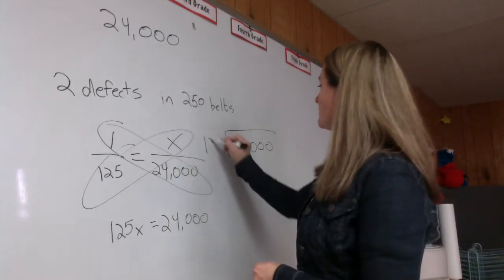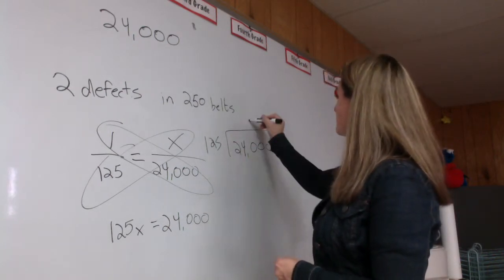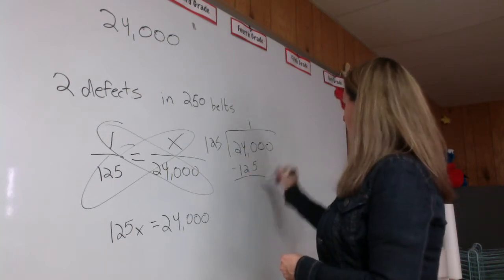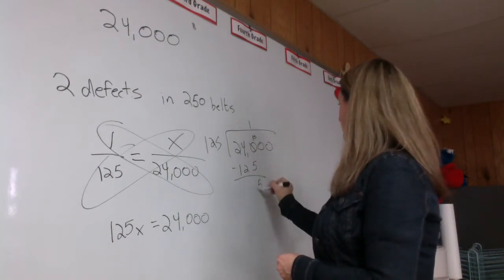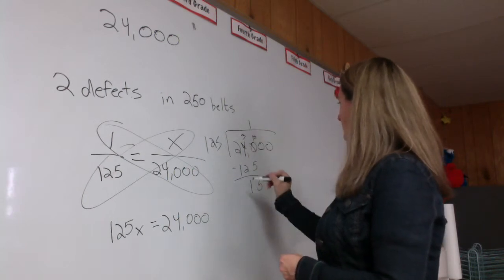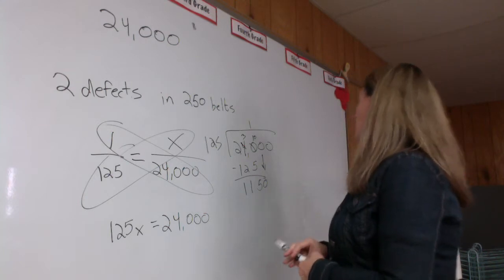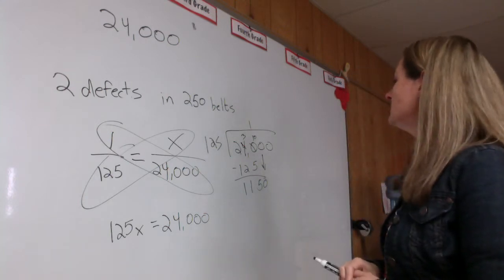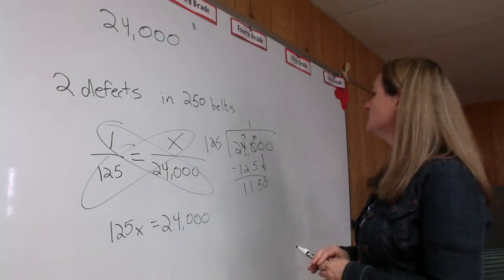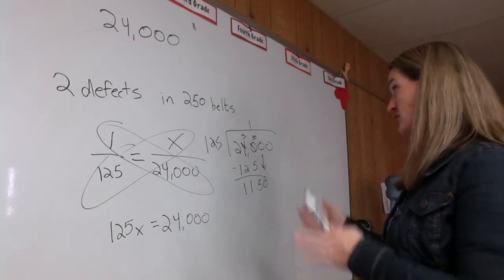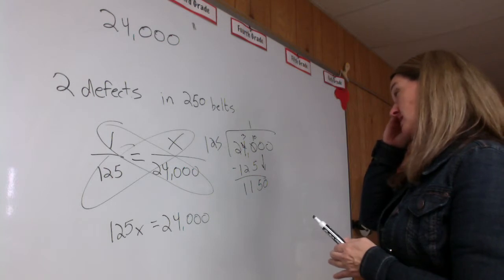Divide that by 125. That's once. Drop that 0. Oh my gosh. Well, 125 goes into 250 twice, and I know 4 groups of 250 goes into 1,000, so that's 8.